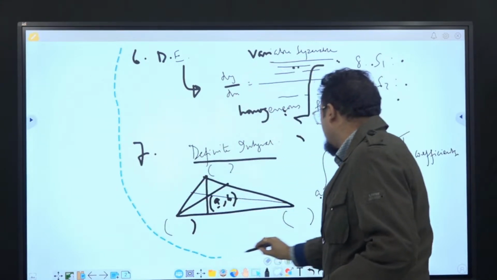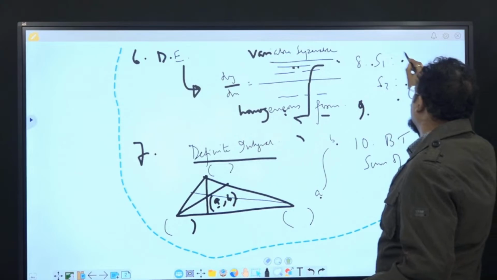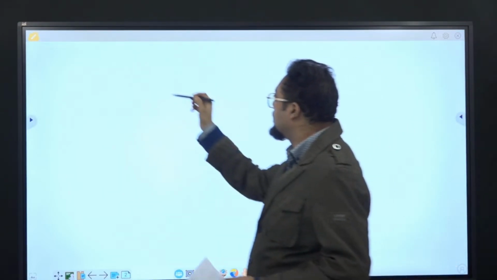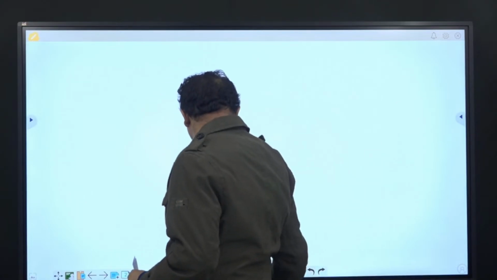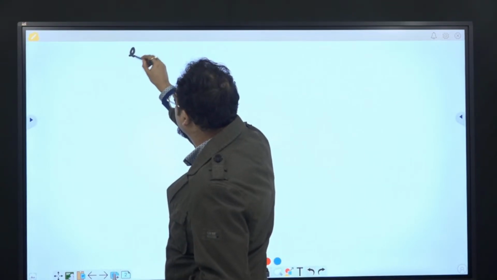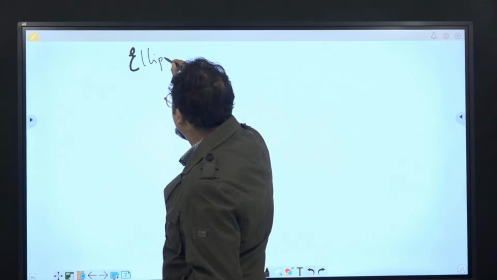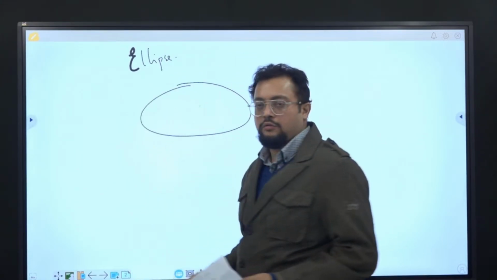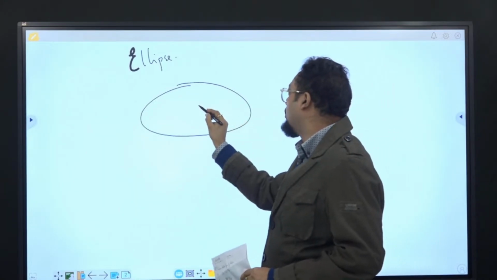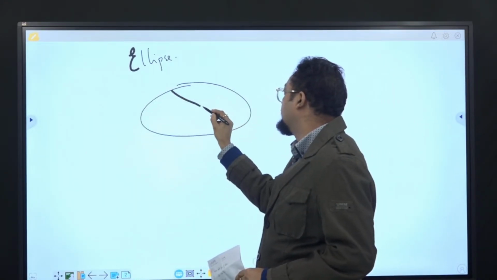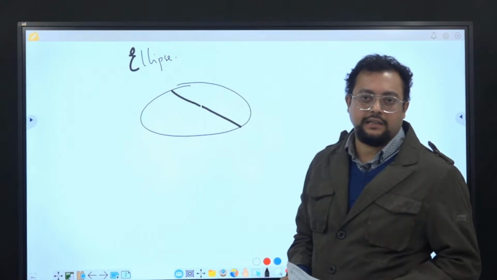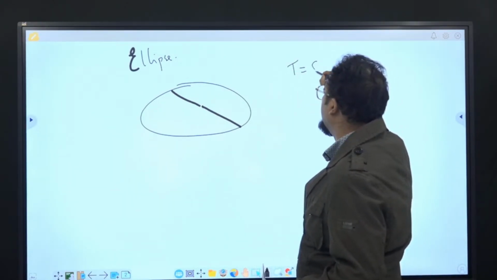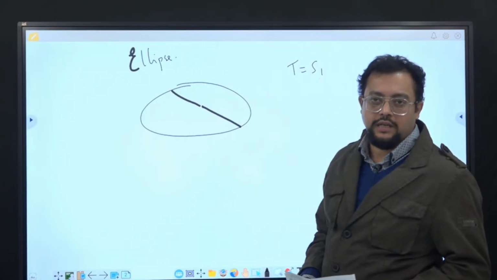And also they have told me that certain problems from ellipse were given where a certain point was given and a chord was getting bisected at this point. As you already must be knowing, these type of problems can be done by using the form T equal to S1.